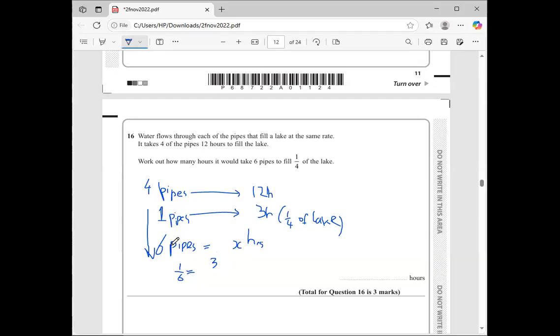Since as one increases, the other one reduces, sorry, not increase. If they were both going to increase, I would have done what I was about to do now.